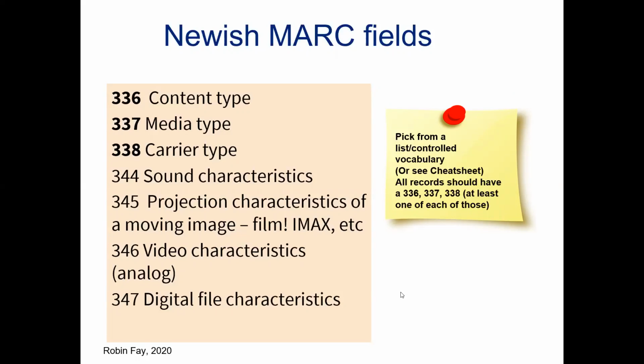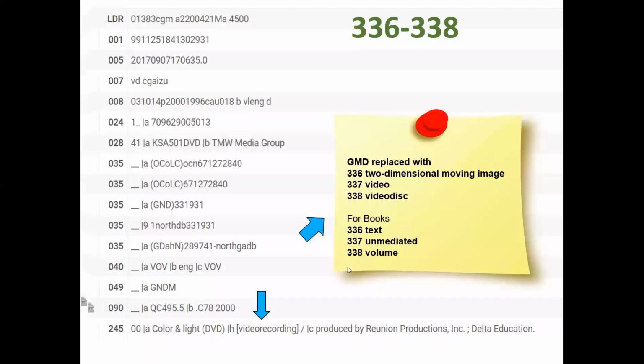If you are recording movies or sound things, if you're recording IMAX, then you would have some other fields that you could put in. I will actually put some good record examples into your folder to look at too, so you'll have those.